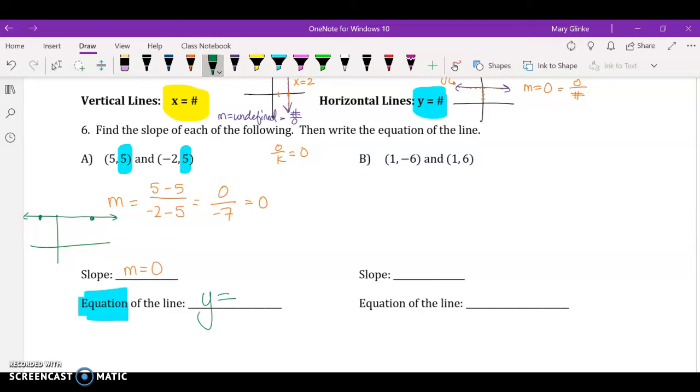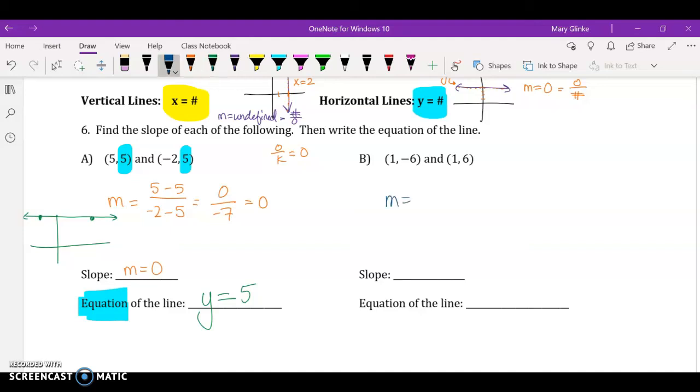You notice that for both of those points, y equals 5 is the y coordinate. So I would strongly recommend finding your slope, and if it's 0 or undefined, pause and think about what that graph would look like, and then write the equation of your line.